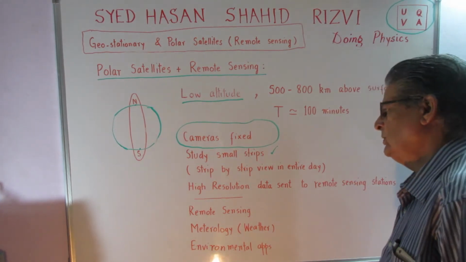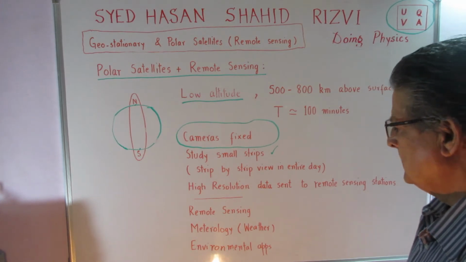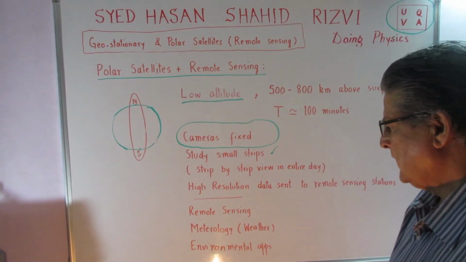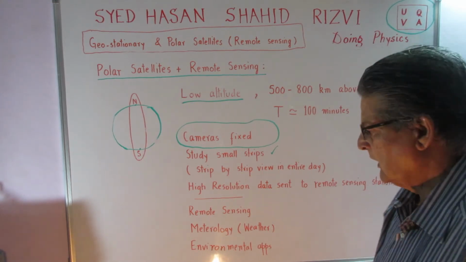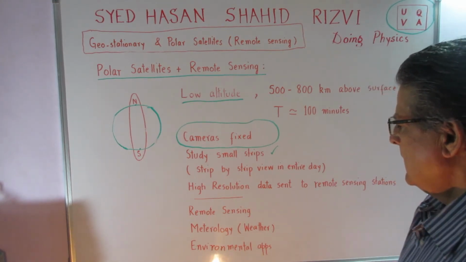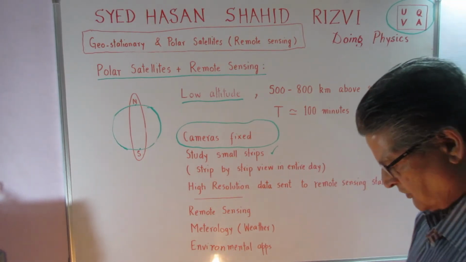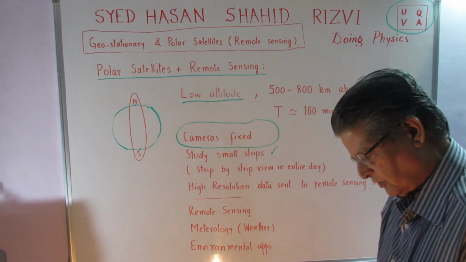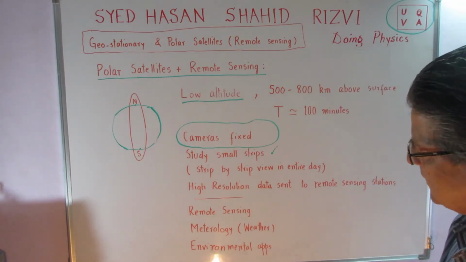We will talk about the analog and digital systems of modulation and communication when we are dealing with communications later on. High resolution data are sent to remote sensing stations on the earth, and they are connected to each other.